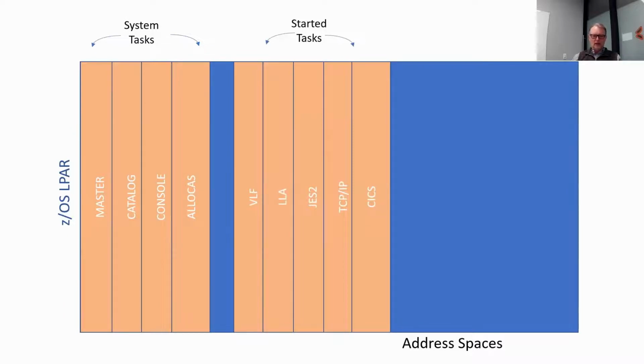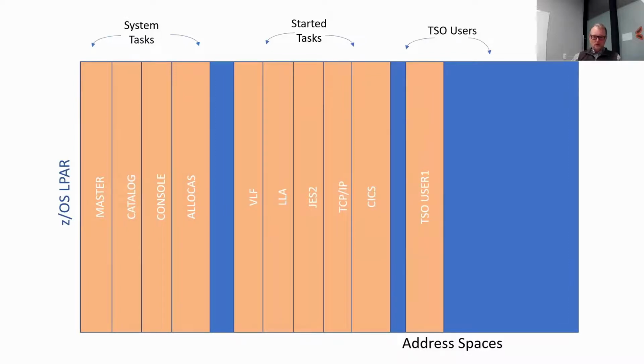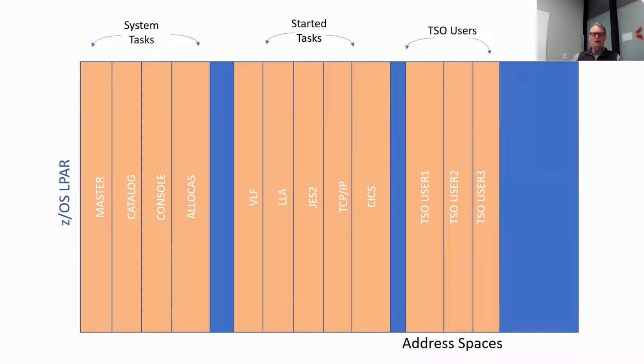Those are started tasks. And then there are TSO users. TSO stands for time sharing option, but TSO is for people who are logging onto the mainframe to interact with it. So each person that logs onto the mainframe gets their own address space. So there can be hundreds or thousands of these TSO address spaces.